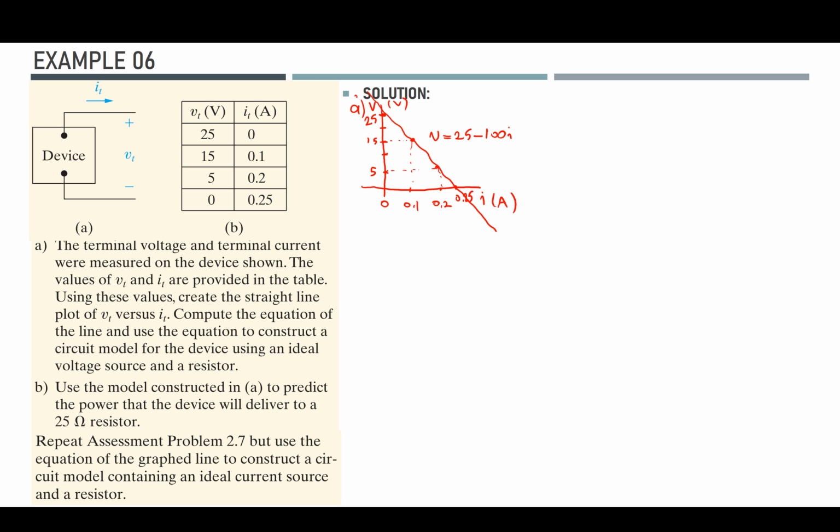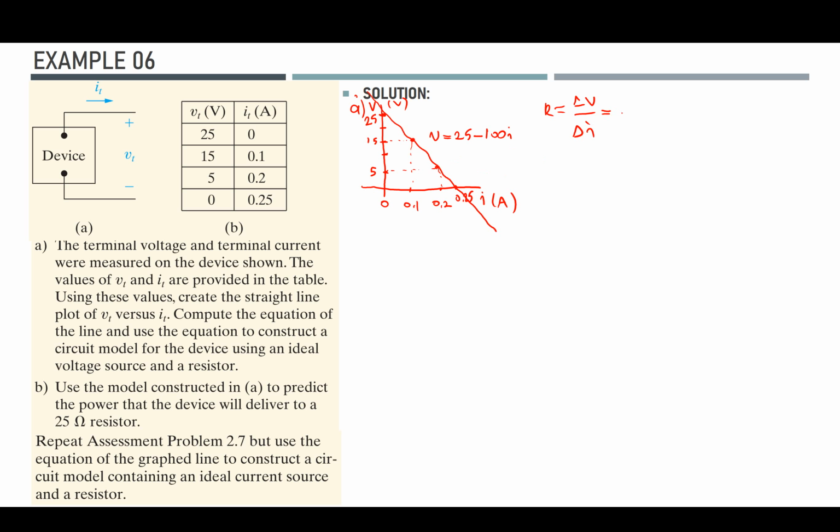Knowing this, I can calculate the equivalent resistance seen towards the device, because I know that R should be equal to delta V over delta I, which is basically the slope of this line.